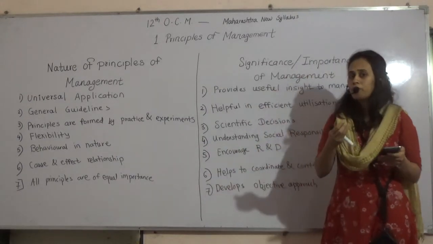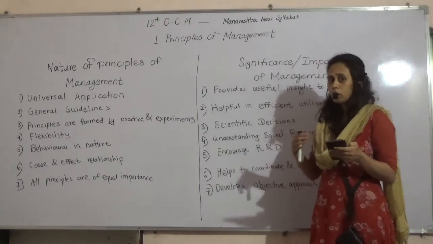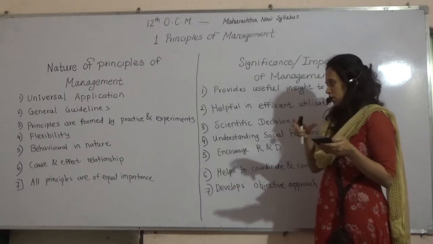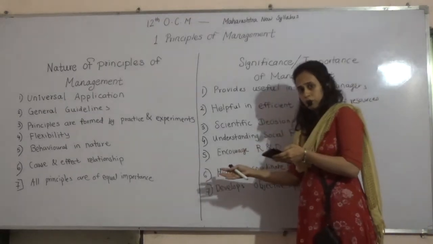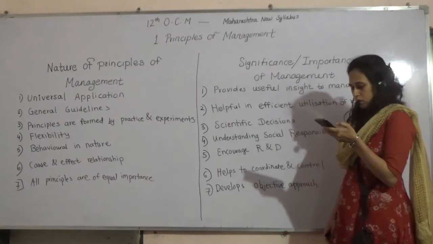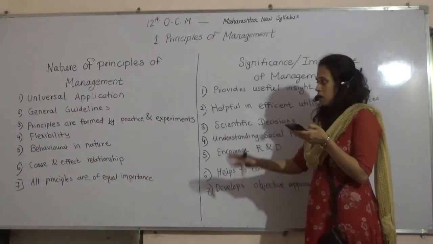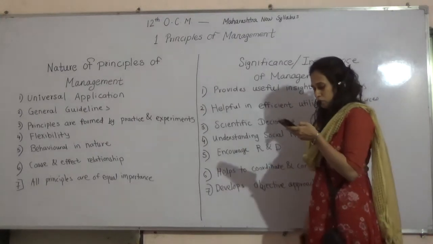Or if you pay fair wages, he will continue in your organization and he will work efficiently there. So this is the cause. If I provide this, I will get the effect, the conclusion also. You can cross check it. So the nature of these principles is like that. They have a cause and they have an effect also.